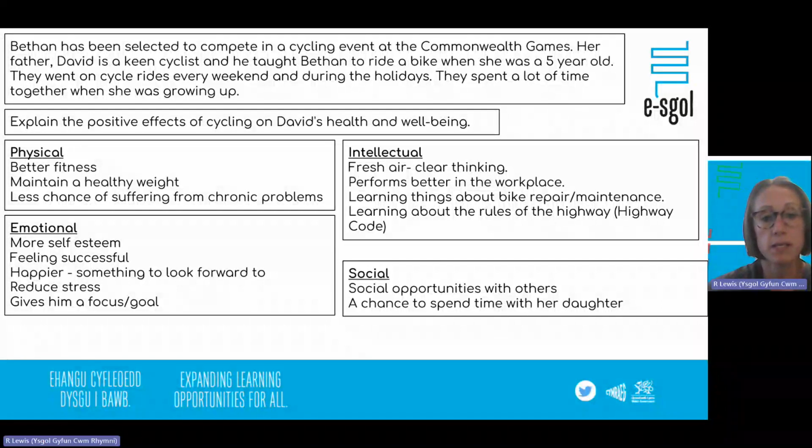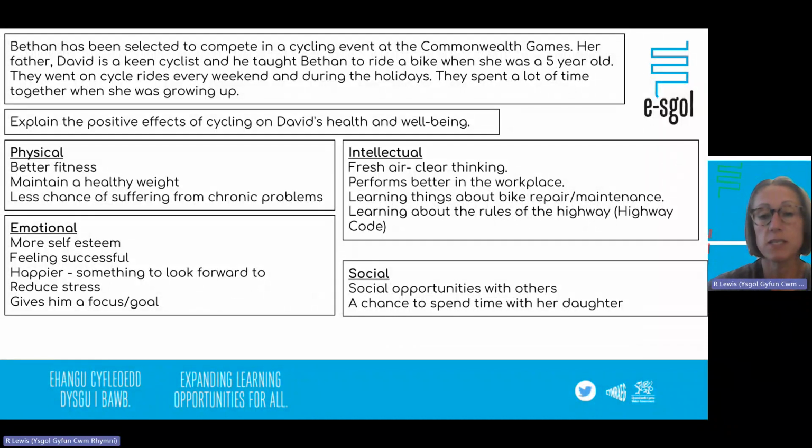He can perform better in his workplace, or perhaps perform better at home with tasks that he has to accomplish. He's learning about bike repair and bike maintenance, and also learning about the rules of the highway code. And obviously these are benefits to him, and which will obviously have an emotional benefit on him then.